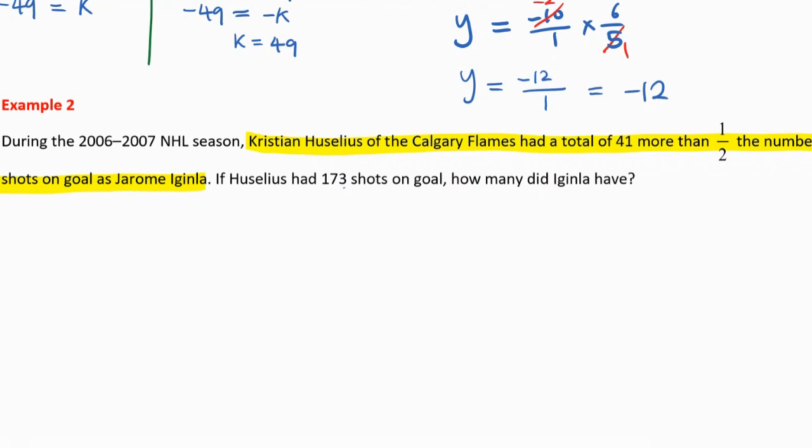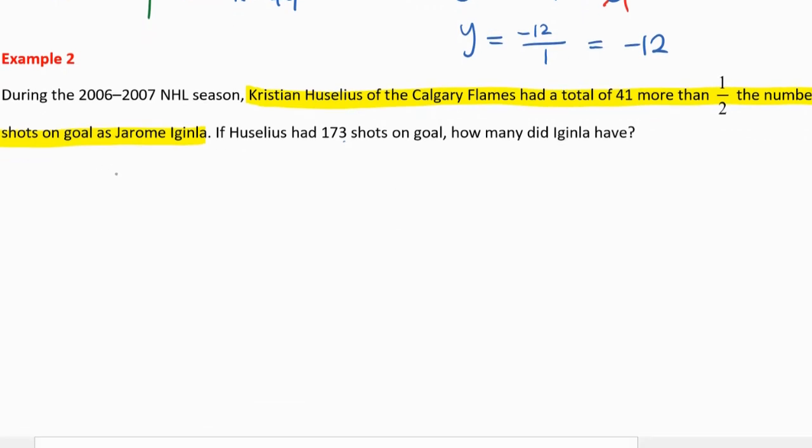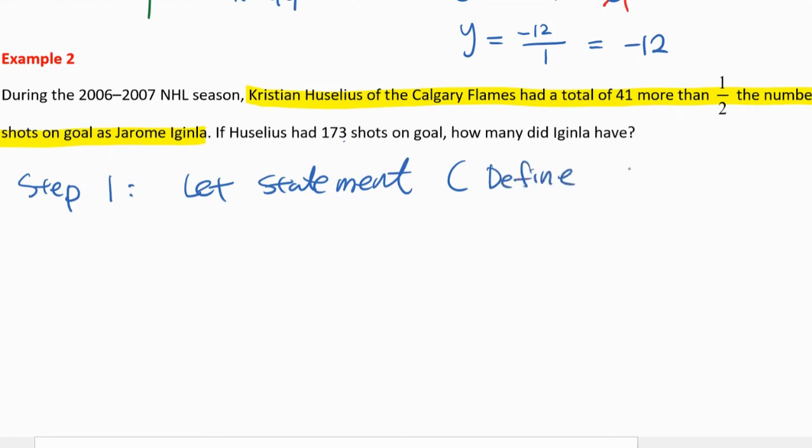When you solve a word problem, you always need to start with a let statement. Okay, so we're going to do this using 3 steps. Step number 1, let statement. So basically, you're defining your x. Okay, so let x be. Your x is usually found at the end of the sentence.